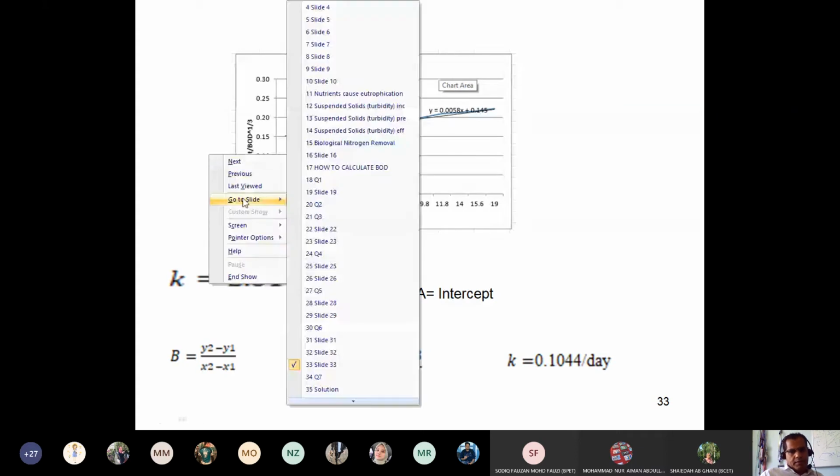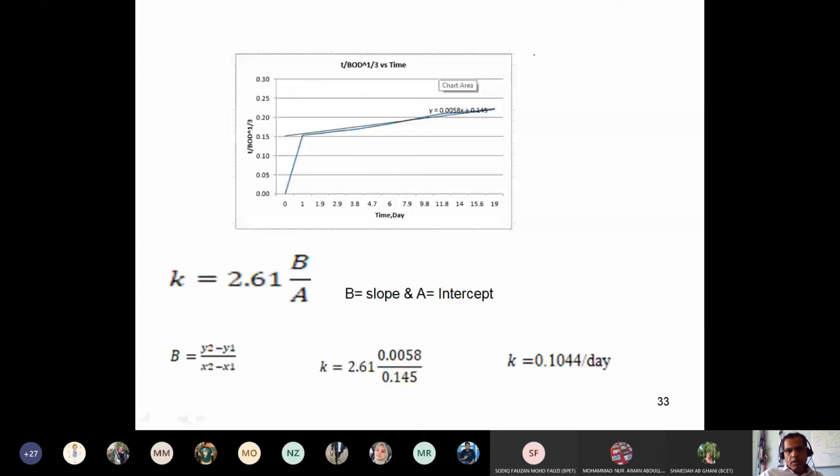How it comes, maybe better to write for you. y equals a plus bx. This will be your intercept.